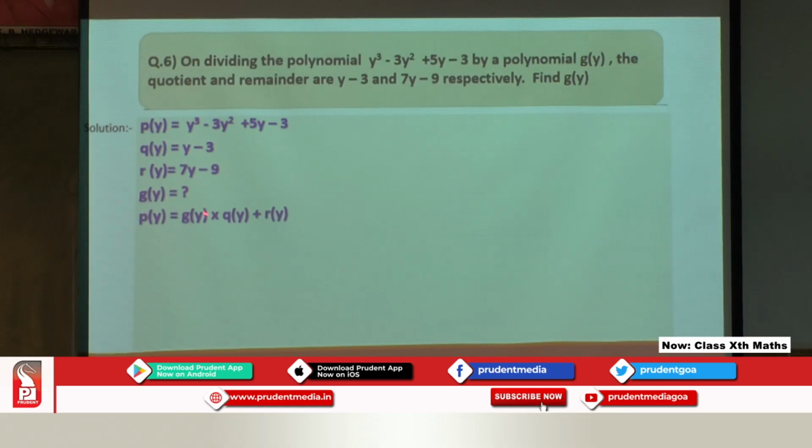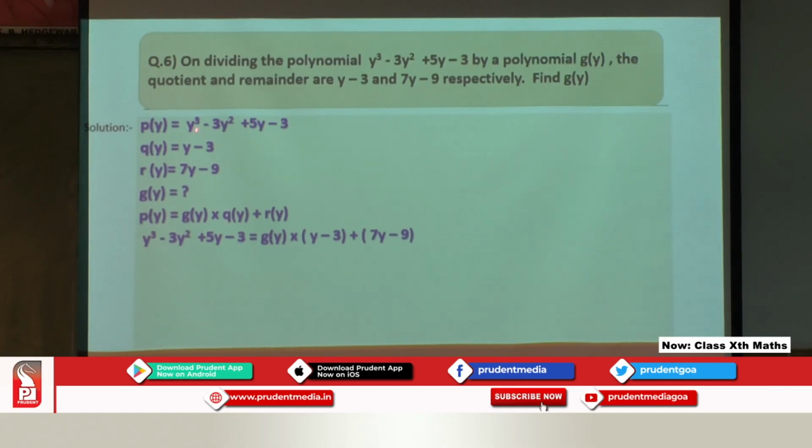Here we should find the value of g of y. We usually use this formula: P of y is equal to g of y into q of y plus r of y. Here we have taken the variable as y. Next, we substitute all the given values in the formula.